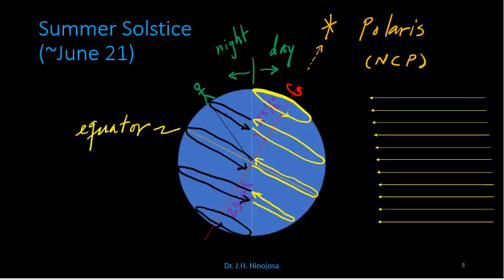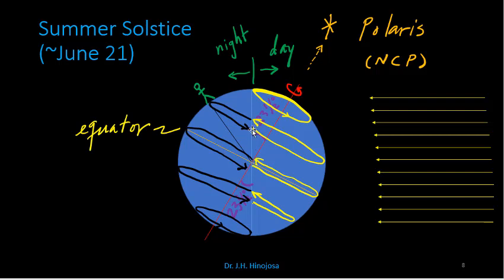If we look at summer solstice, which occurs on or about June 21st, we see that the axis of rotation is tilted in the direction of the sun. And if this line separates the day side from the night side, then we can see that persons on the equator will always be receiving 12 hours of daylight and will also have 12 hours of darkness.